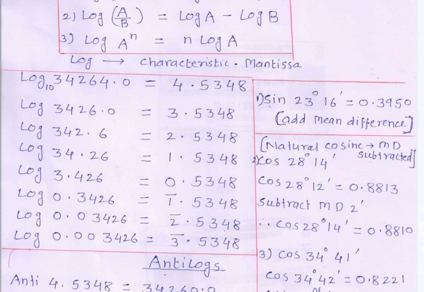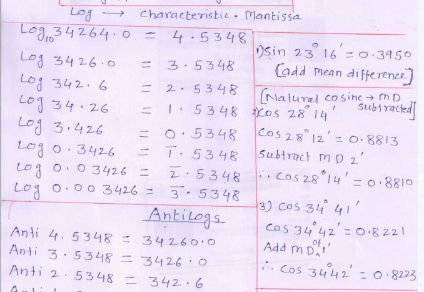Once the decimal is removed, there is no need to concentrate on it. Just read the number from the left side: the first 2 digits in the first column, the next digit in the column, and the fourth digit is for the mean difference. Okay. In the next video we will see how to find antilogs.